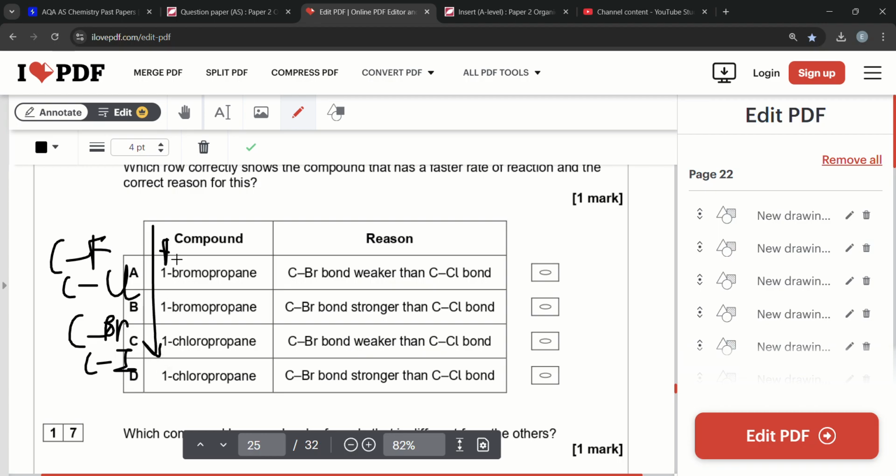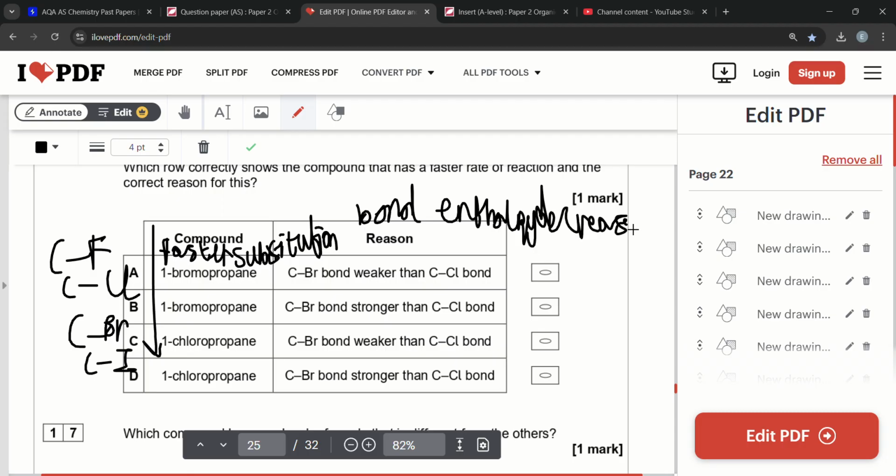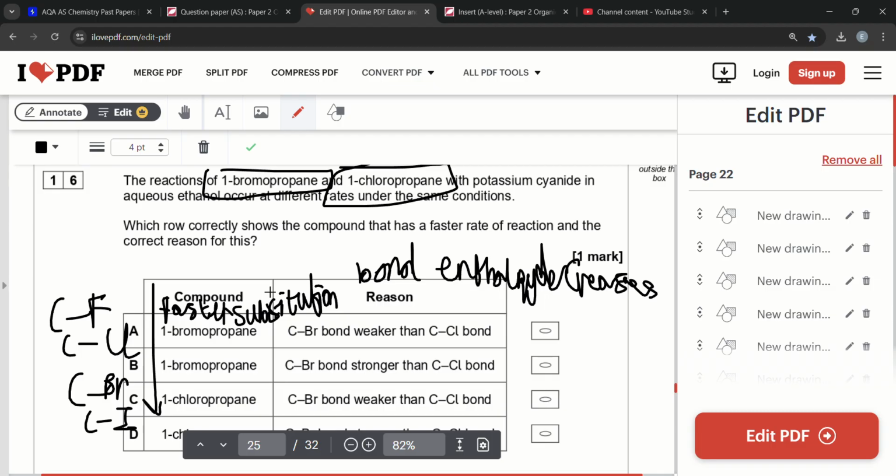And there's a faster substitution downwards, because the bond enthalpy decreases. The bonds are getting weaker. So using this logic, 1-bromopropane, well, that's the C-Br bond. The C-Br bond is weaker than the C-Cl bond. That is true, and that's why it's got a faster reaction.